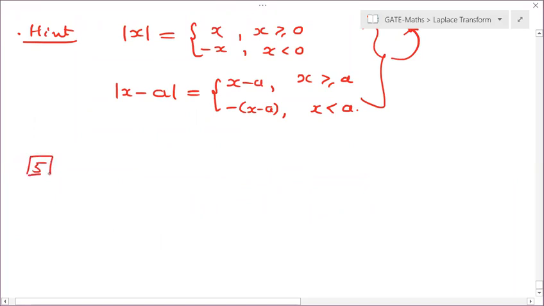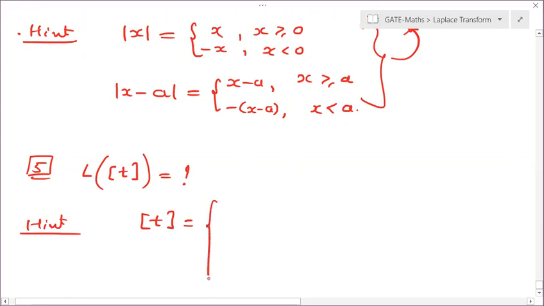Let me do this. Question number 5. Laplace of greatest integer function. Whenever you are having Laplace of the greatest integer function of t, it is defined as going to the greatest integer value of that variable.